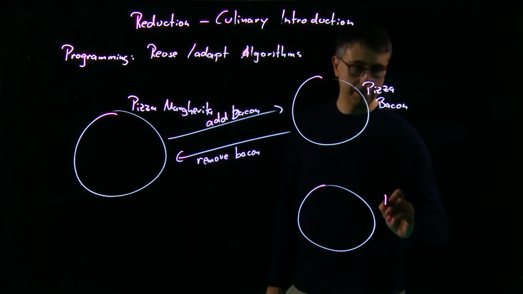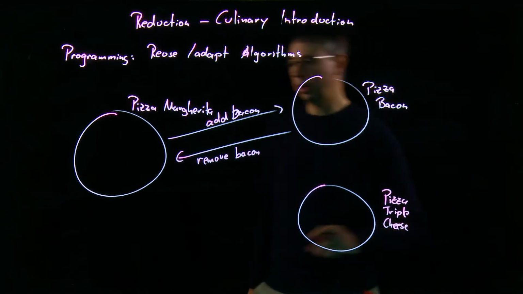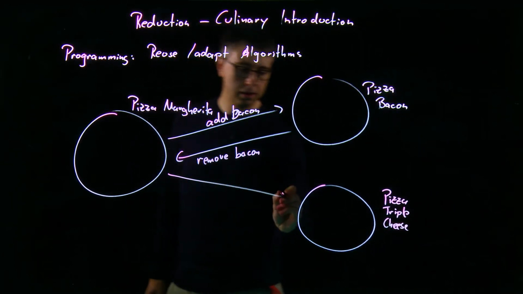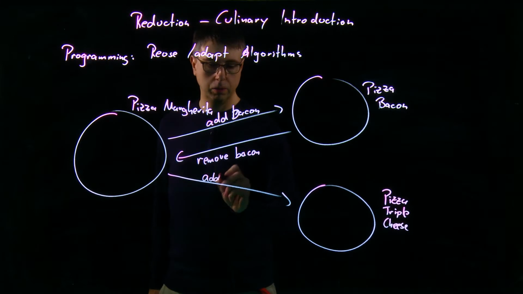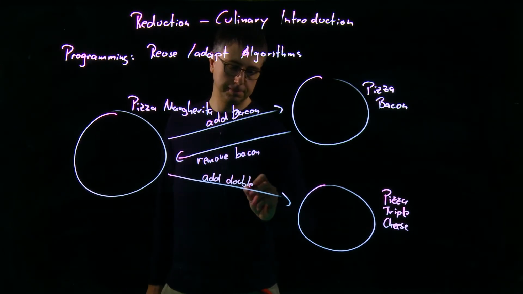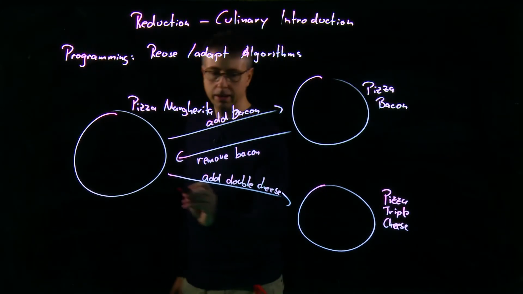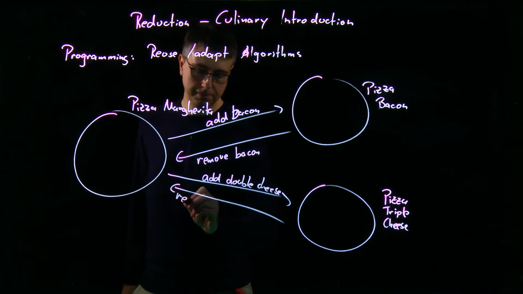And there are many other pizzas that you can actually do by this technique. For example, pizza triple cheese. Works the same way. We already have cheese on pizza margherita, so we only have to add double cheese. To go back, we simply remove it.